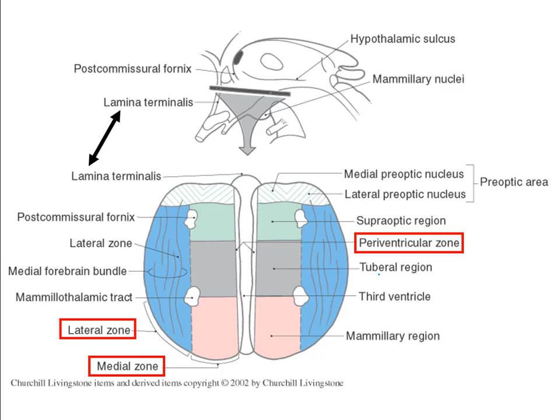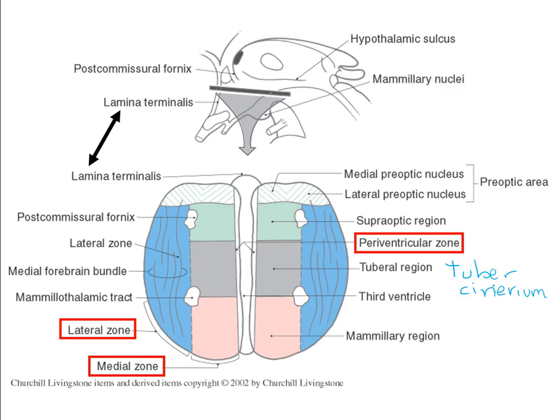So the other name for the infundibulum is the tuber cinereum. Okay? Am I the first person to mention this word to you? The tuber, that's an N, cinereum. Okay? So that's the tuberal region.